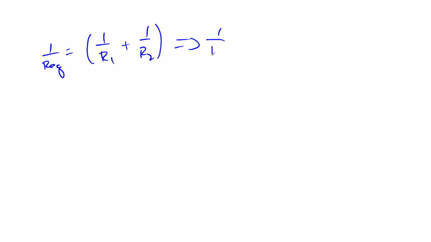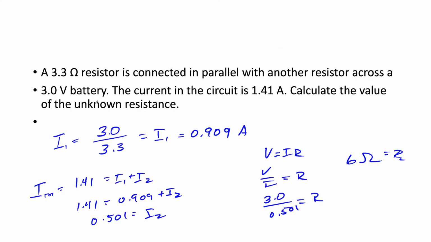Another way to do it is to say 1 over Req is equal to 1 over 3.3 plus 1 over X. We don't know what X is. Req, remember, is equal to the total volts, which is 3, over the amps, which is 1.41.